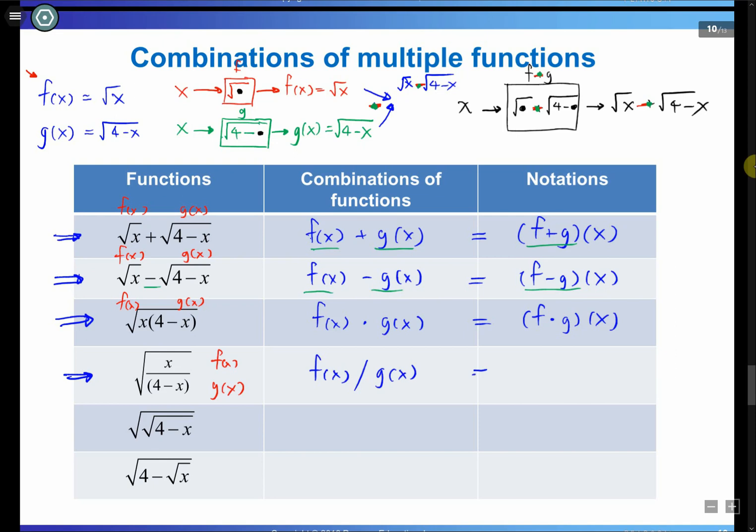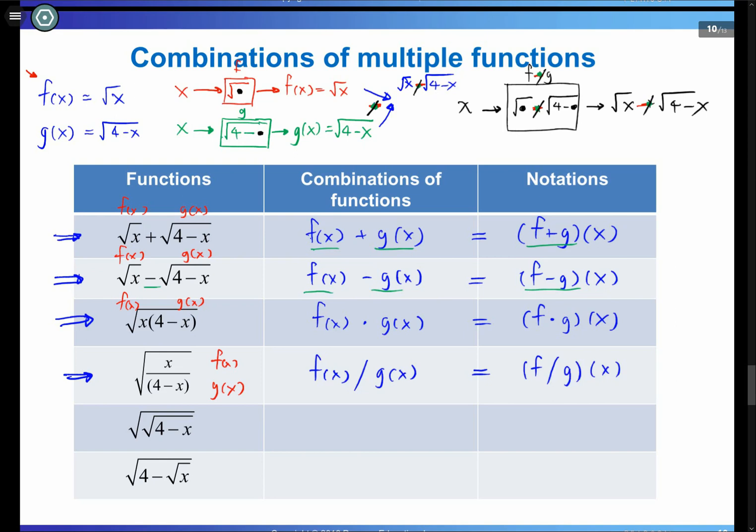And of course, you can change this to f divided by g, one big function, one big box, and one input, which is the same as this, divided by, divided by, and so on. All of them have the same logic here, combining two subfunctions into a big one.